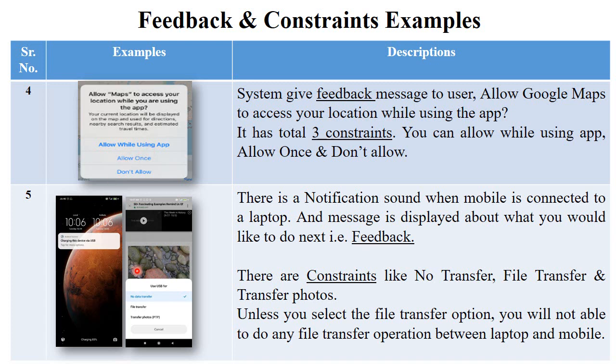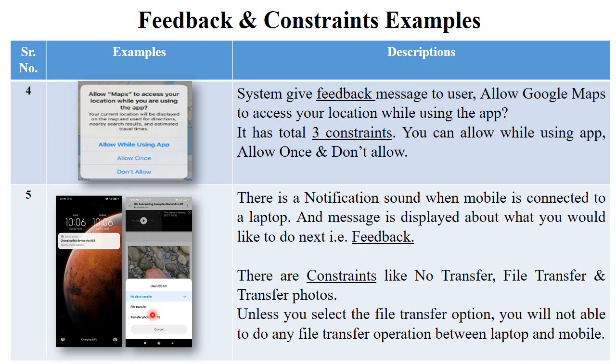Now the next example. When you connect your mobile to the laptop, at that time a notification sound is generated on your mobile, and a particular message is displayed. See here, there are three constraints: file transfer, transfer photos, or no data transfer. You need to choose any one constraint from these.